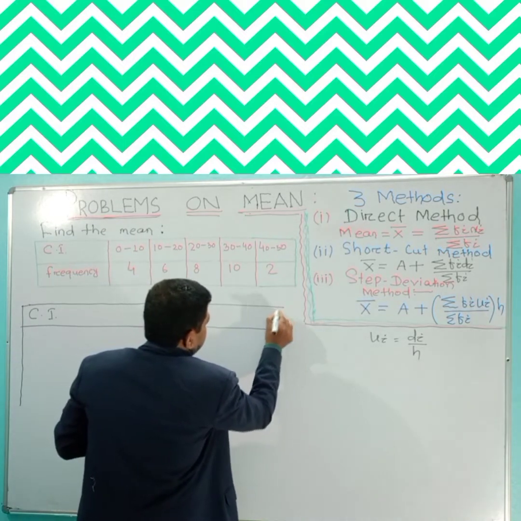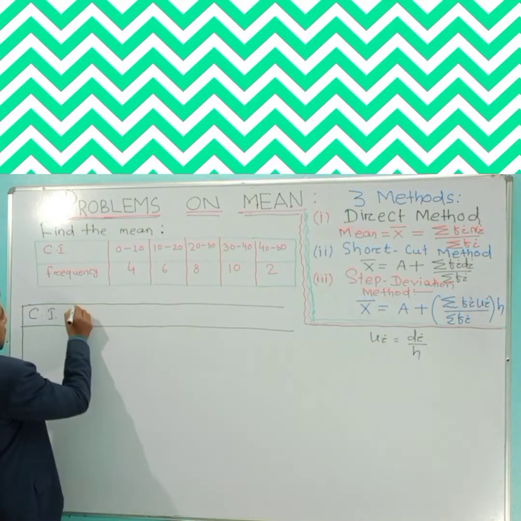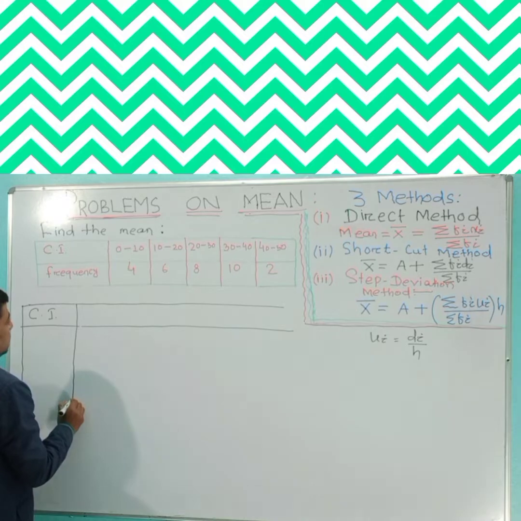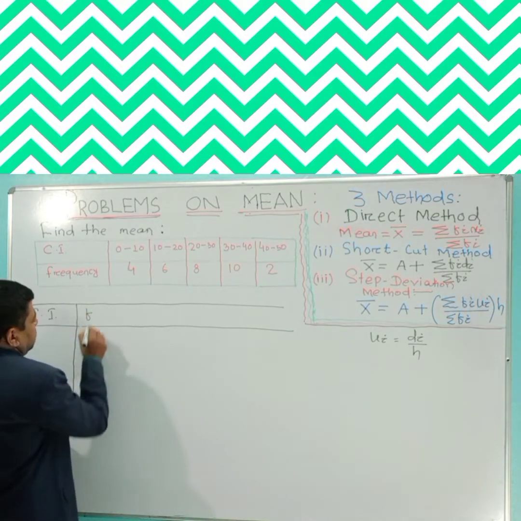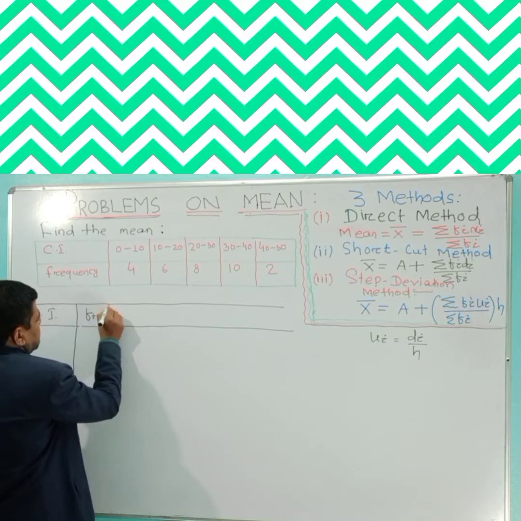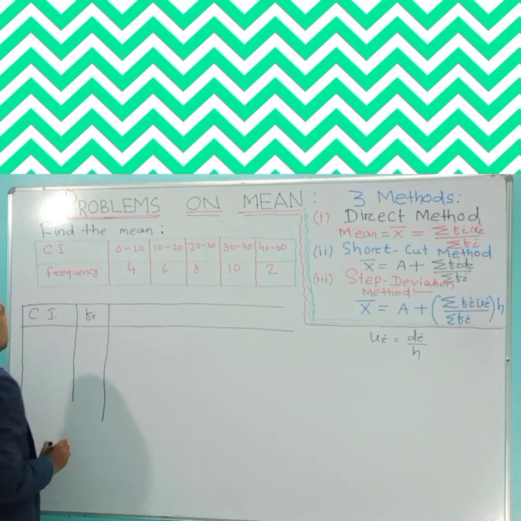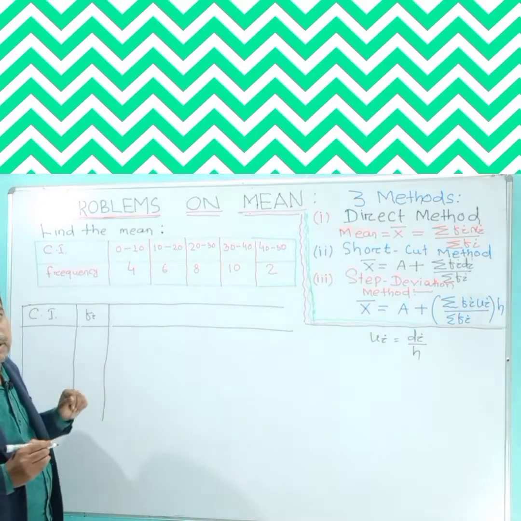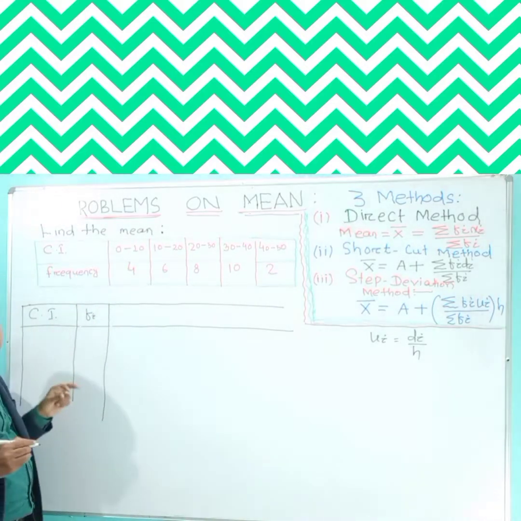After that, this is the frequency, which is known as fi or f. The data is in a horizontal table, so let us write it in the vertical manner.